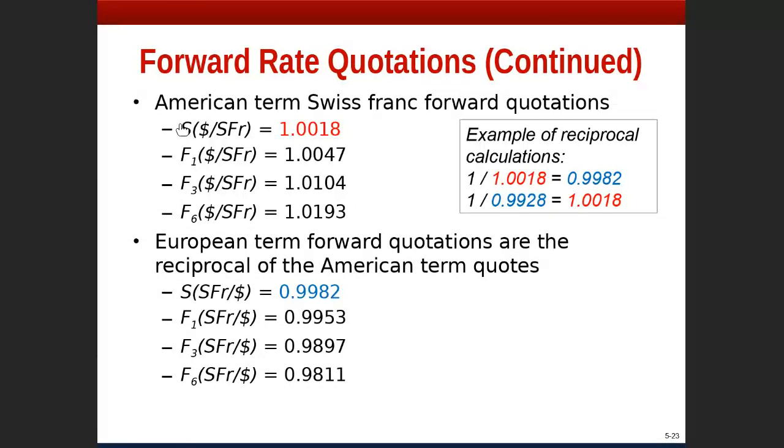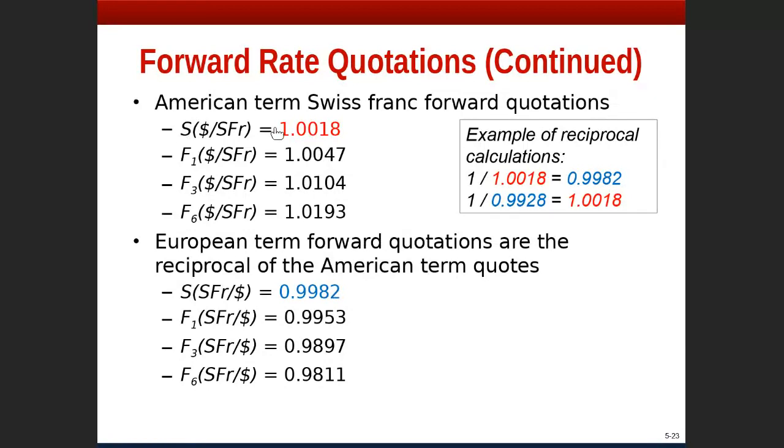Notice that this is the spot rate, that is the exchange rate that would prevail if you were buying or selling the Swiss franc now. This is dollars per Swiss franc. So if you wanted to buy 1 Swiss franc, you have to come up with this much in dollars.